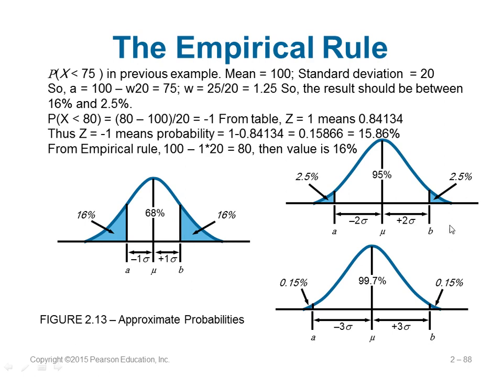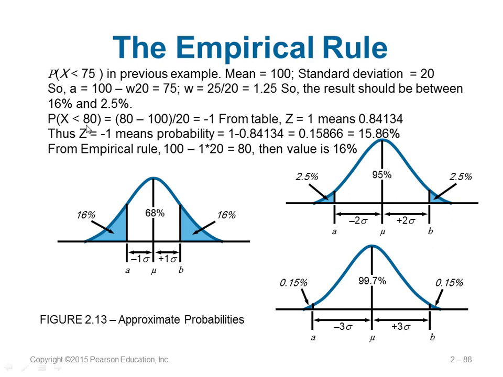Why 16 and 2.5? Remember, if it is within plus or minus 1, then it is 68%. Beyond that, it is 16% in the tail. And beyond 2, it is 2.5%. So it will be between 2 and 1 standard deviations.